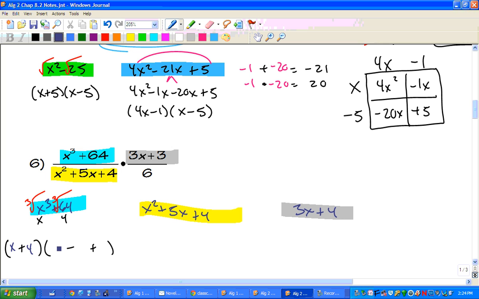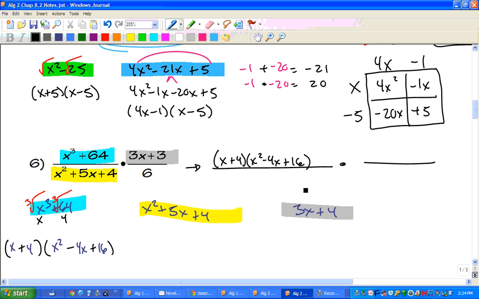In this spot, it's x squared, x times x. A times b is 4x, and then 4 times 4 is 16. So up in the first spot, we have x plus 4, and then x squared minus 4x plus 16.